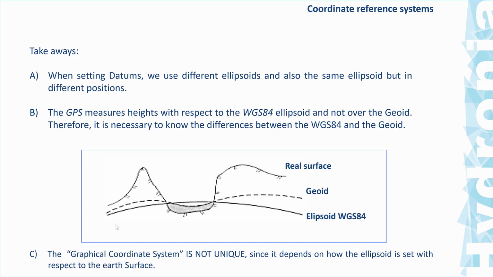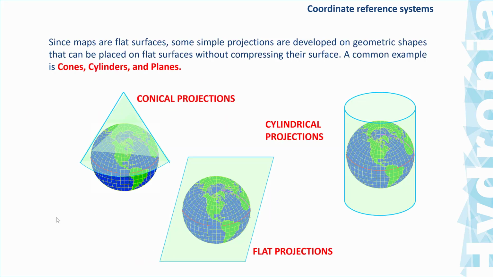And then the third thing to remember is that the geographic coordinate system is not unique. It depends on the ellipsoid and is set with respect to the Earth's surface. So it may change from area to area.